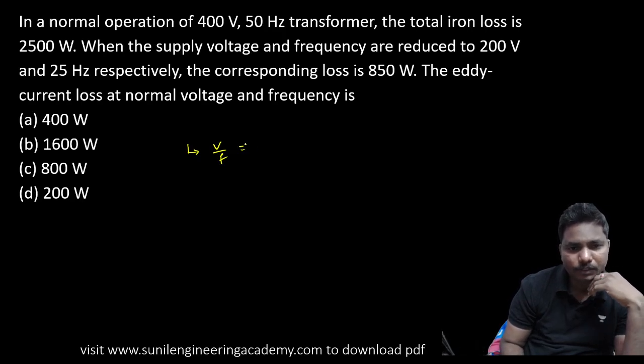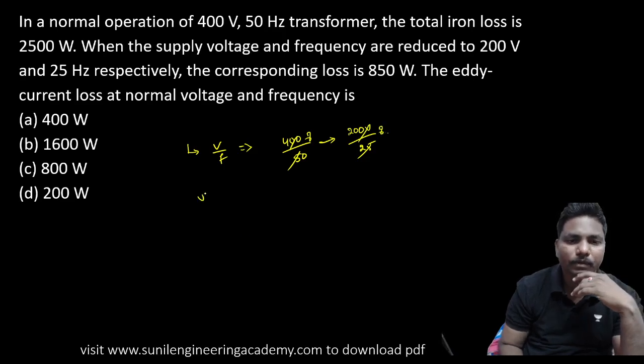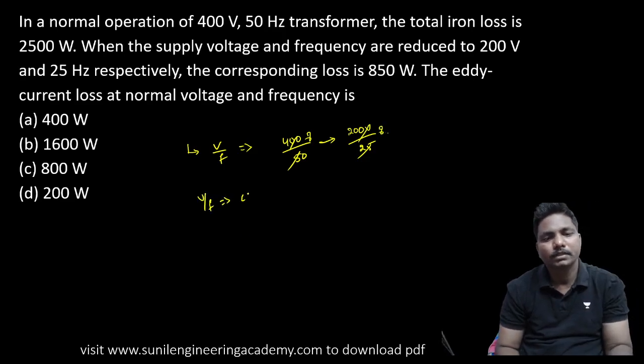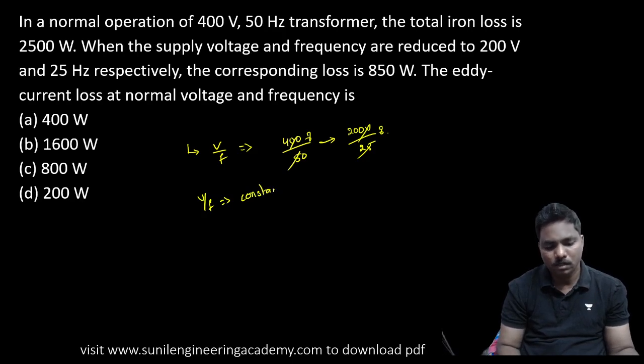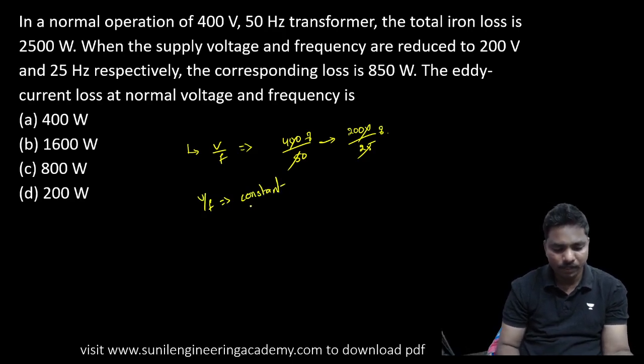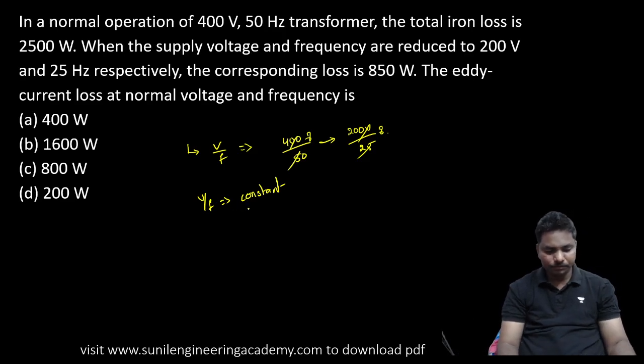A 400 volt 50 Hz transformer supplied at 200 volts and 25 Hz, so V by F is constant.